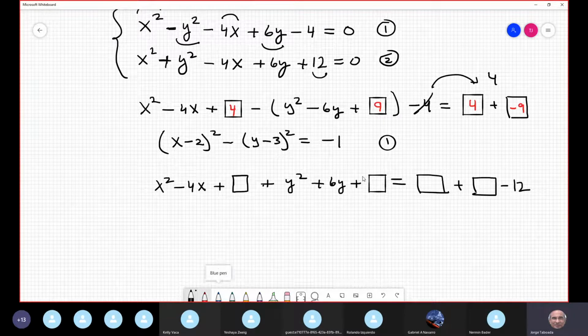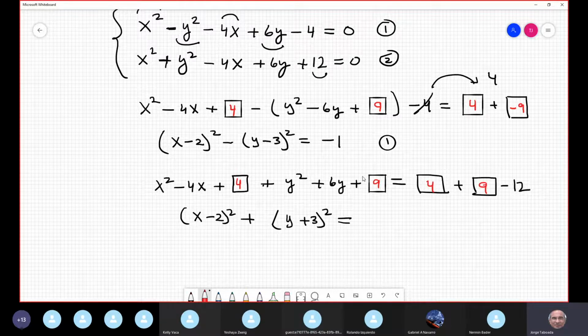And it's similar. This magic number 4, this magic number 9. So the factorization of this trinomial is x minus 2 squared plus y plus 3 squared equal, sorry, this is 4.